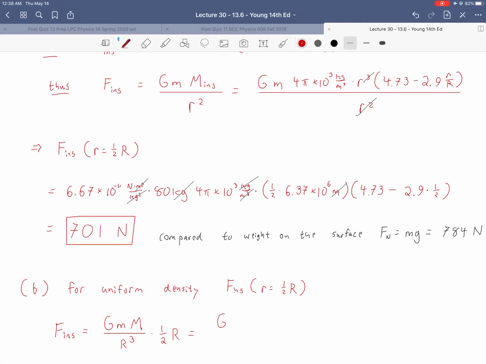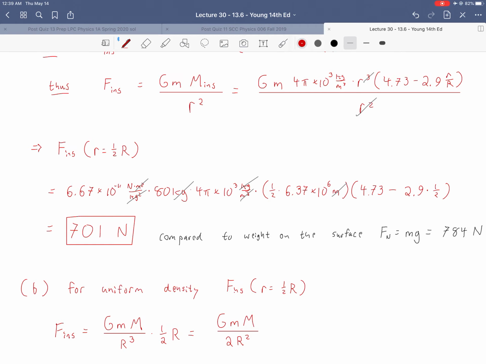And so then that would be G M M over 2R squared, okay? Well, that's exactly half the gravitational pull that we feel on the surface.